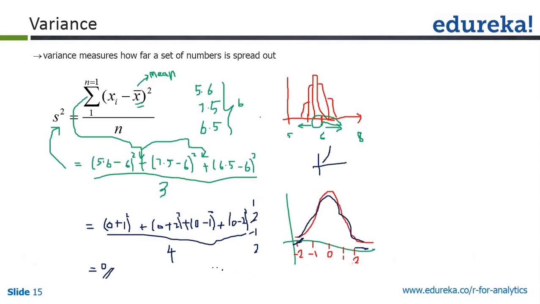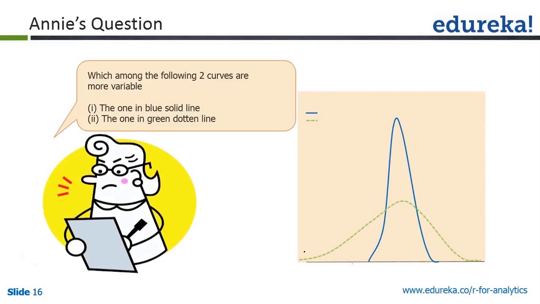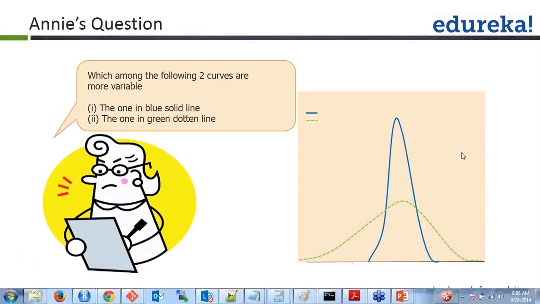Sure. So by this time I assume you have got a feel of what variance is and how to compute it with the help of data. So now let us move on to some other concepts. Before that there is a quiz from Annie. Assume that you have got two distributions: one distribution is blue in color and in solid lines, the other is green and in dotted lines.